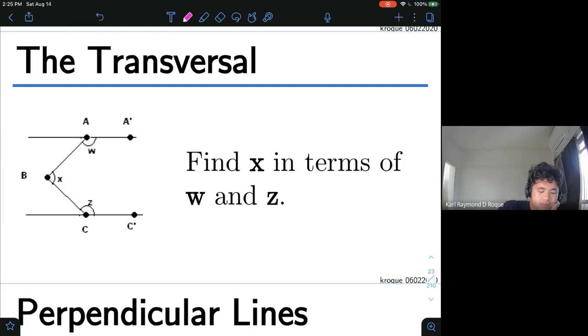Parallel si... Sagutan, 1 minute. Good drawing. Ayun.